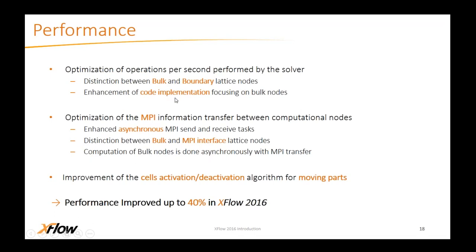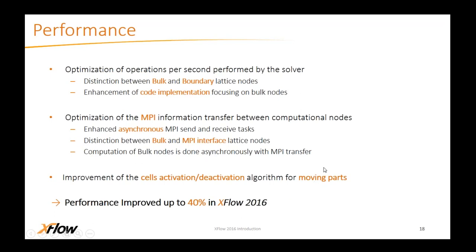And we made some enhancements for the bulk nodes, so these nodes are now computed much faster. We also improved the MPI scalability, using asynchronous MPI and dealing with the bulk at the MPI interface. In the end, this results in up to 40% improvement in computation time in XFlow 2016.